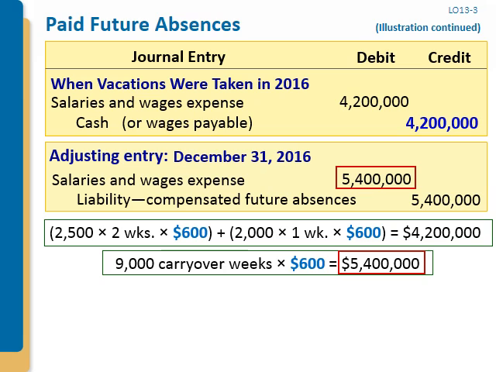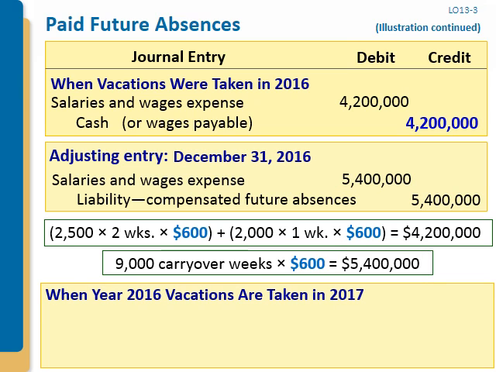It is recorded as a liability towards compensated future absences. The liability for paid absences is accrued at the existing wage rate rather than at a rate estimated to be in effect when the absences occur. So if wage rates rise, the difference between the accrual and the amount paid increases compensation expense for that year.